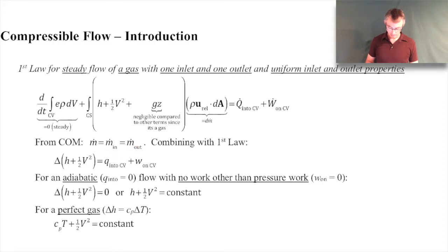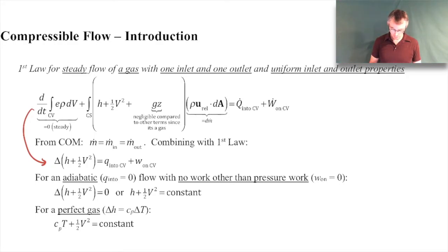And then if we substitute that in with these approximations I said before, our first law expression just ends up becoming this expression. The little q and the little w are just the heat transfer per unit mass flow rate and the rate of work per unit mass flow rate.